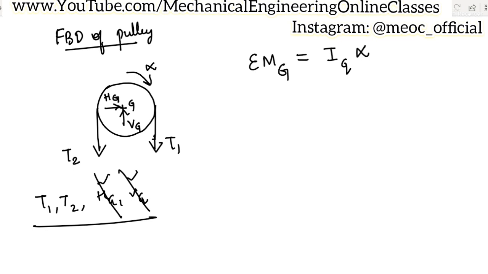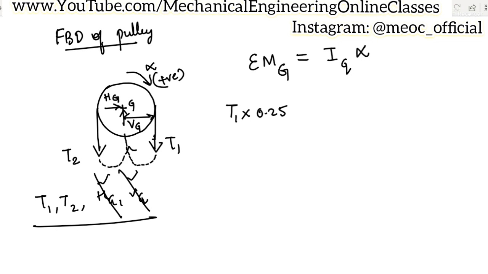So the moment of T1 about G is in the clockwise direction, so it is positive because alpha is also in the clockwise direction. T1 into this perpendicular distance, which is 0.25. This is the moment of T1 about G, which is positive.